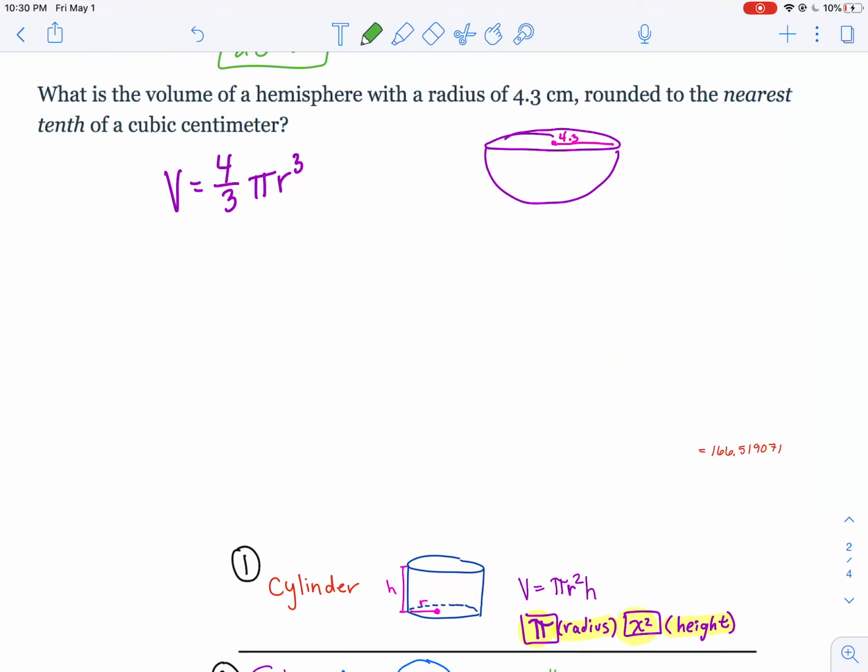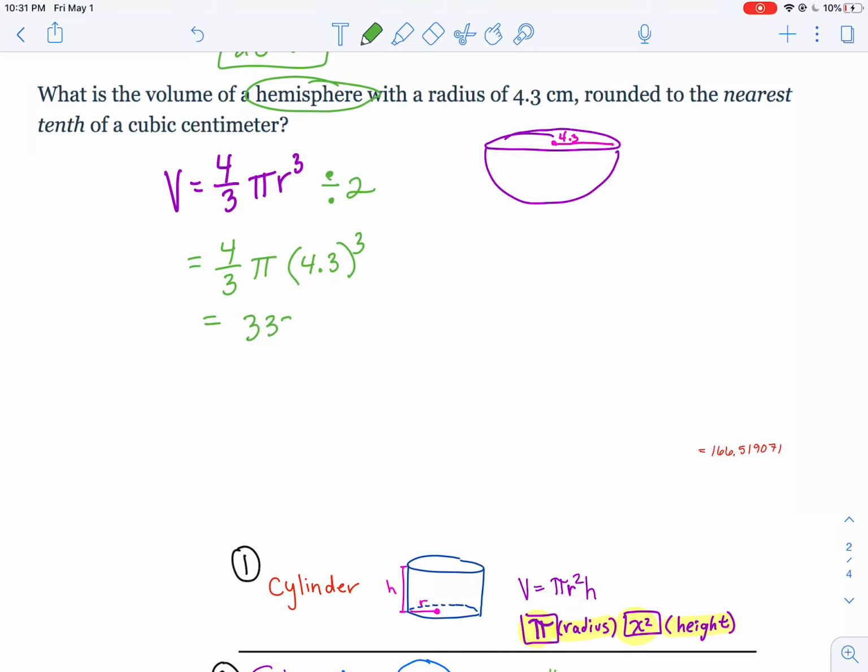All right, last problem. What is the volume of a hemisphere with a radius of 4.3? Be very careful. A hemisphere is half of a sphere. So when you get your final answer, you're going to have to divide it by 2. So let's plug our information in. 4/3 pi, my radius is 4.3, raise it to the 3rd power.